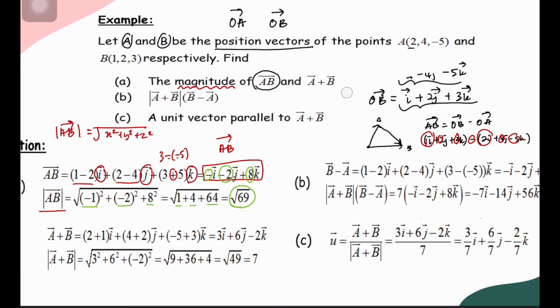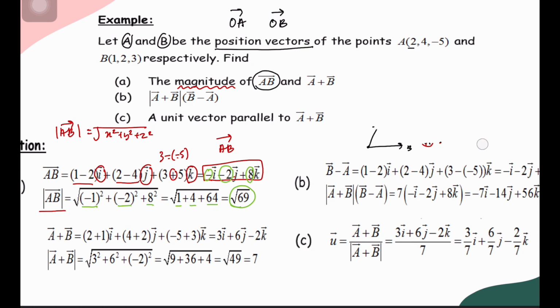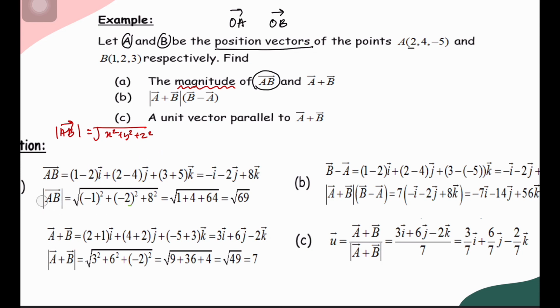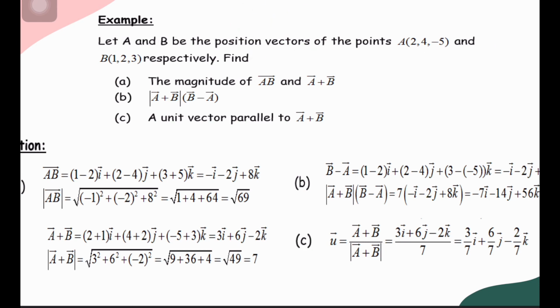Now, the next question asks you to find the magnitude of A plus B. We know that the vector A can be written as 2i plus 4j minus 5k, and the vector B can be written as i plus 2j plus 3k.